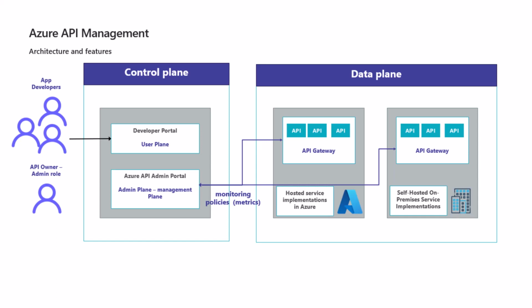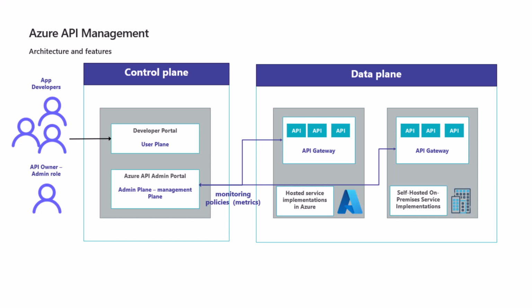This portal enables API providers to add APIs to the API catalog, configure API products, and manage security, traffic, and monitoring policies. We also have the developer portal in the control plane. It is a self-service user interface that facilitates discovery and onboarding of APIs within the API catalog or marketplace, access to API documentation, testing, subscription, and analysis of API usage for API customer developers.